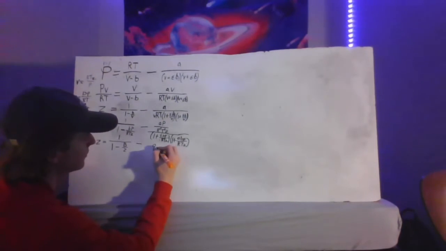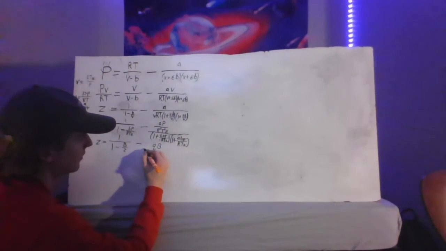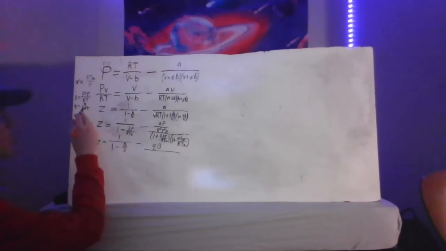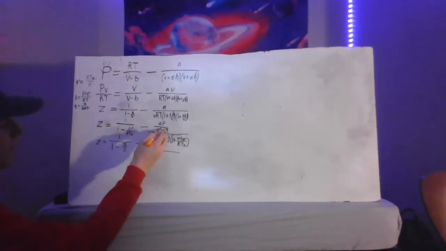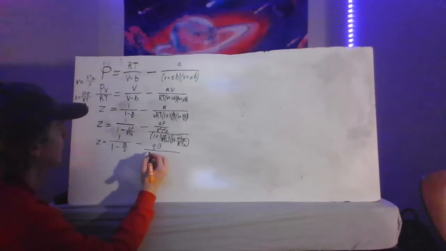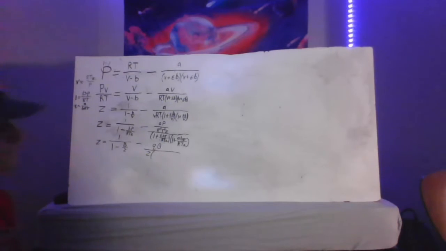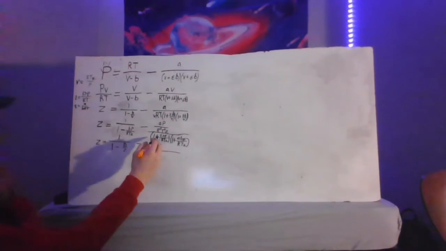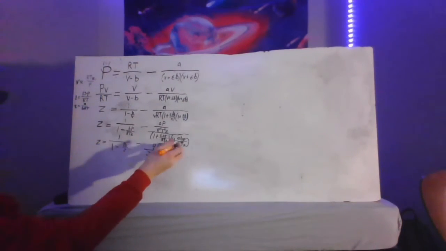So we get Q beta over Z, and then we can plug in beta into each of these as well.